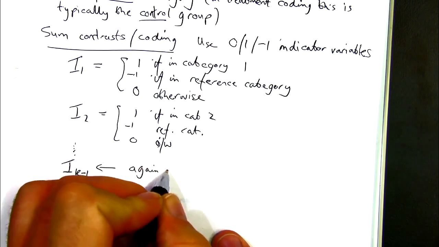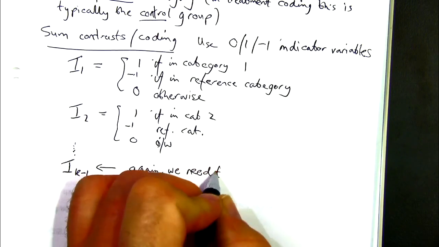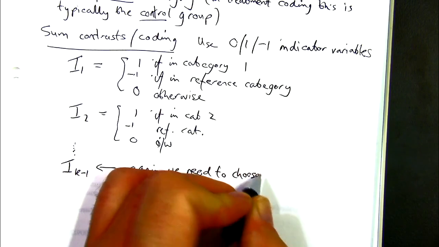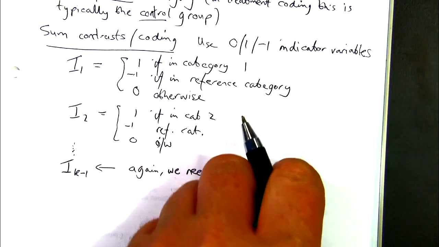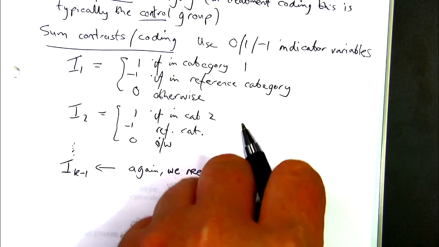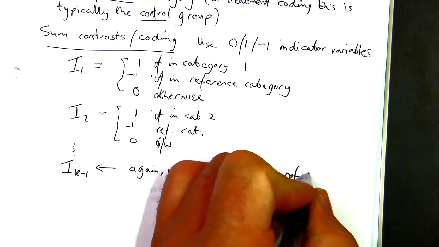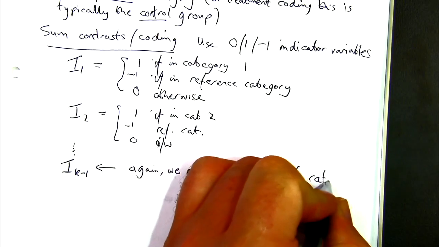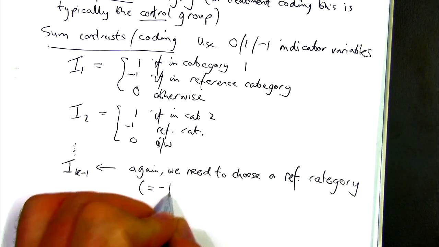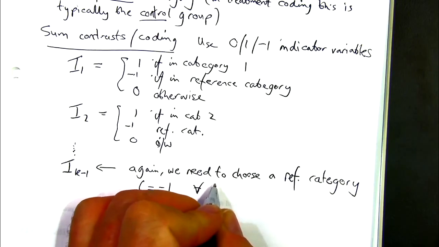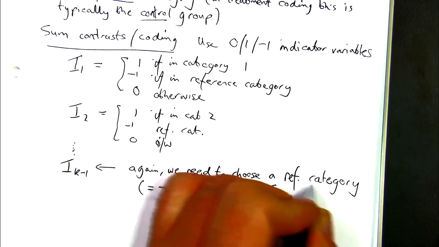Again, we need to choose a reference category which equals -1 for all I1 up to I_{K-1}.